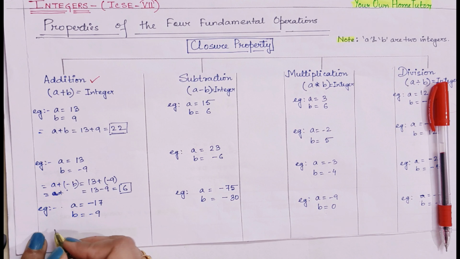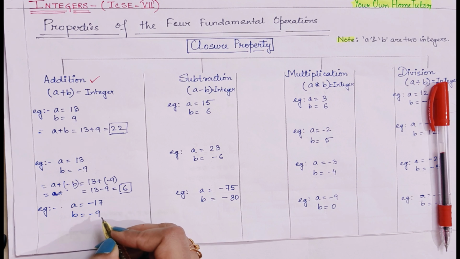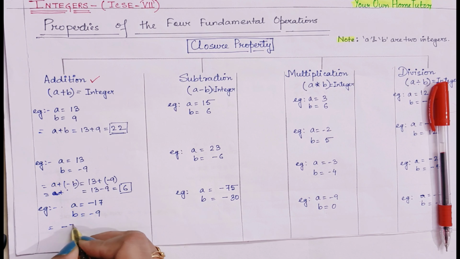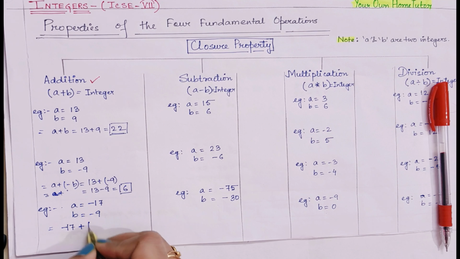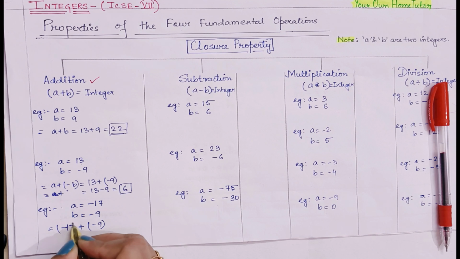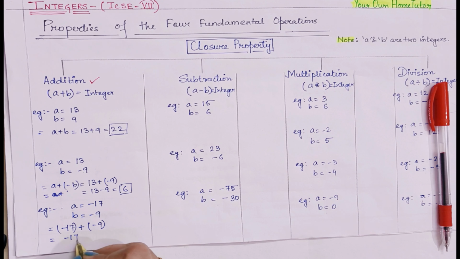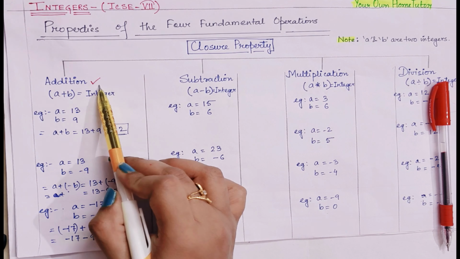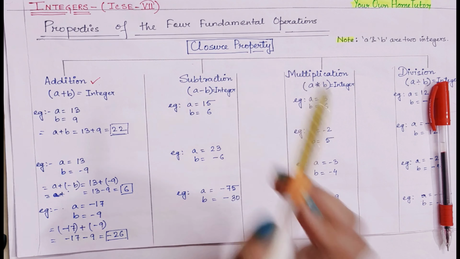Now coming to the third example, we have taken a as minus 17 and b as minus 9. So now if I add these two integers, I should get another integer. So minus 17 minus 9 will give me minus 26. This is also an integer. So we can say that addition obeys the closure property.